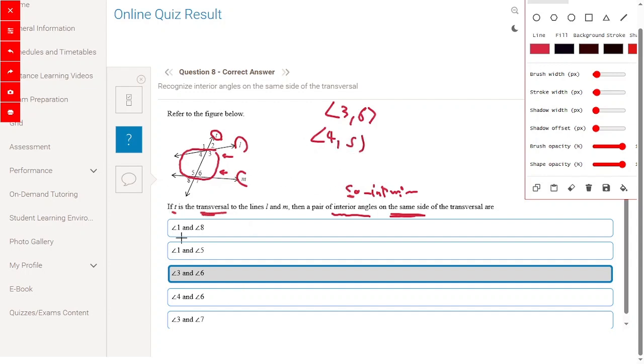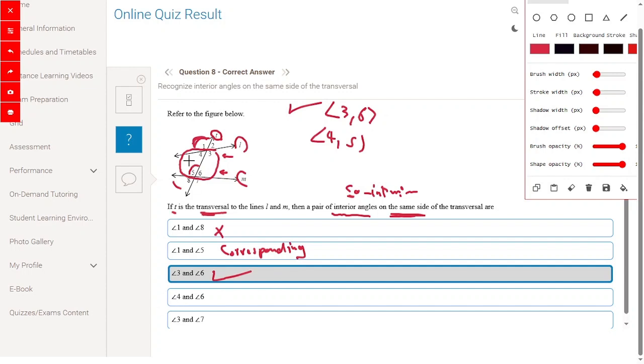So let's see the answers here. Angle 1 and angle 8, no relation, two external angles. Now angle 1 and angle 5, angle 1 is an external angle and angle 5 an interior angle, so this one will be a corresponding angle. Angle 3 and angle 6, yes, this is the right answer.